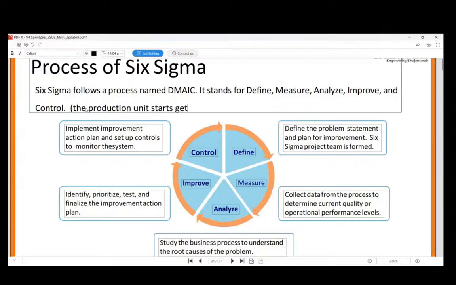So define the problem statement and plan for improvement. Six Sigma project team is formed.